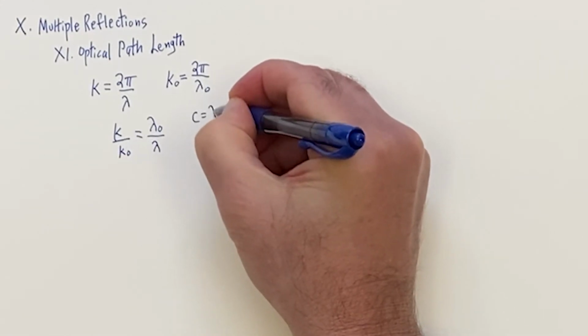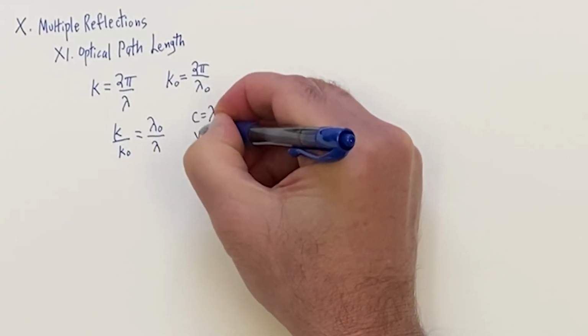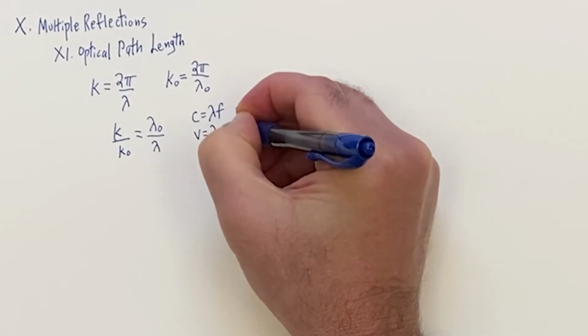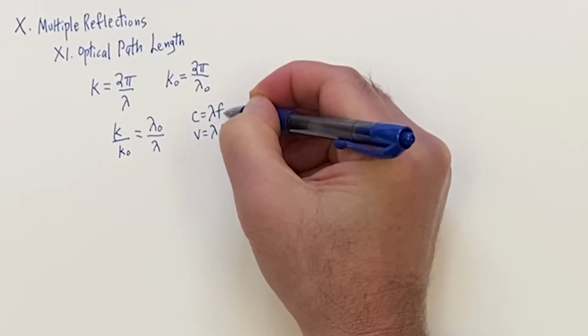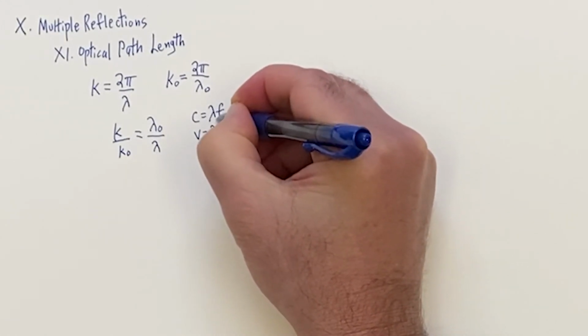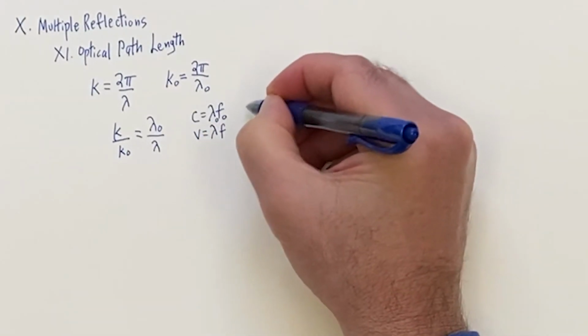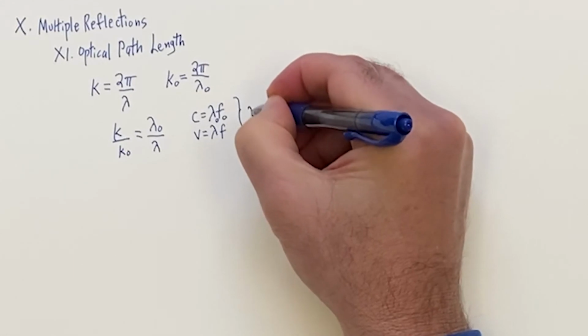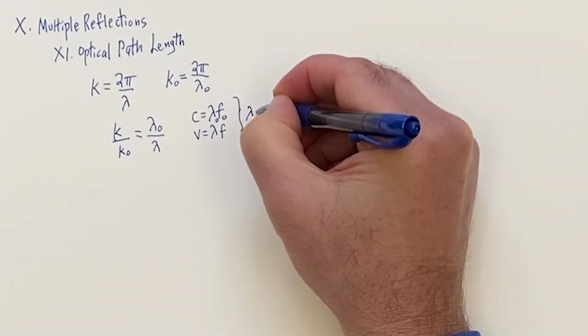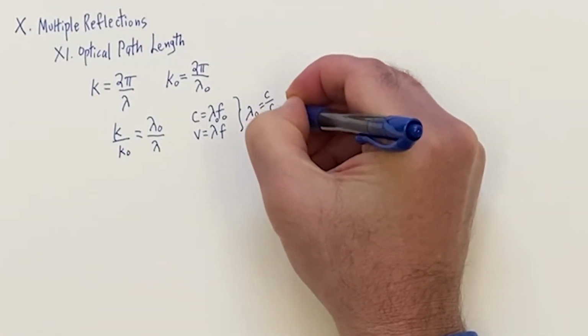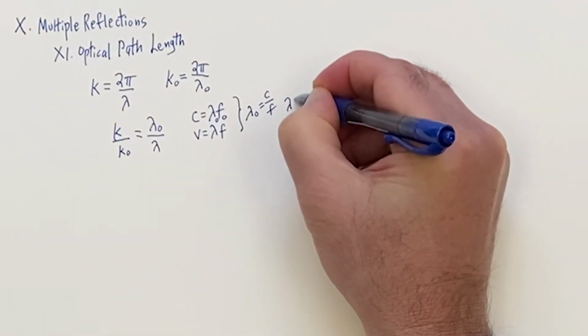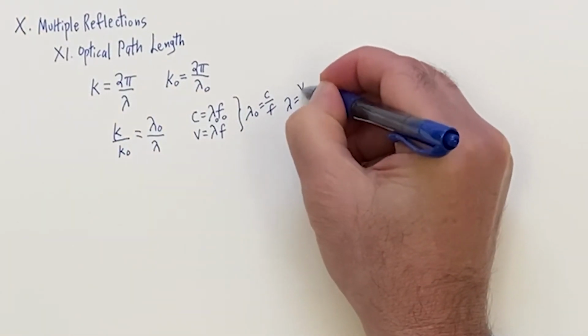Speed of light in vacuum is lambda f. Speed of light in some medium is lambda f. So let's put the little naughts on the vacuum one. Then lambda naught is c over f, and lambda is v over f.